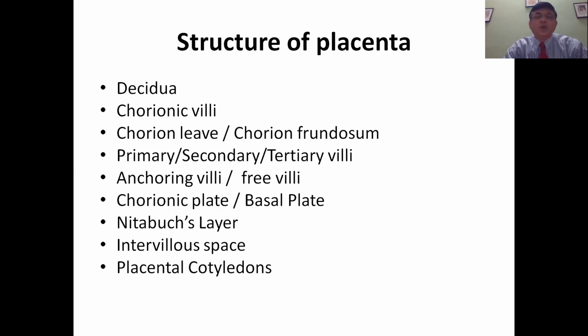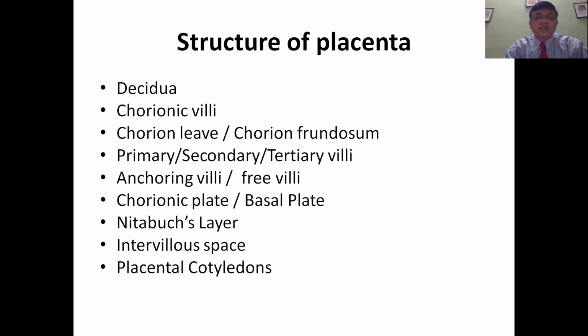Now, when we want to know the structure of the placenta, we must know certain structures. I'm sorry, I'll be taking you back to your first MBBS anatomy class. In this lecture, we'll also be studying what is meant by decidua. Don't take down anything at the moment. What is meant by decidua? What are chorionic villi? What is chorion laeve and chorion frondosum?